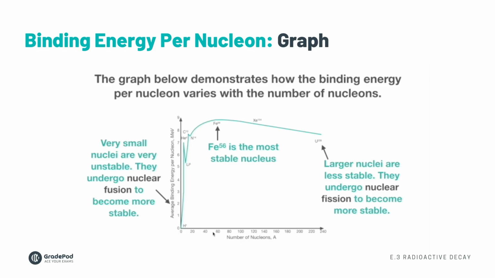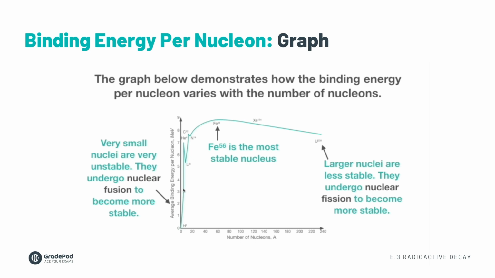Here we have the number of nucleons across the bottom, so the numbers of protons plus neutrons in the nucleus. And on the y-axis, we have the average binding energy per nucleon. And you can see that very small atoms, so hydrogen, helium, boron, carbon, that sort of thing, they have quite small binding energies.